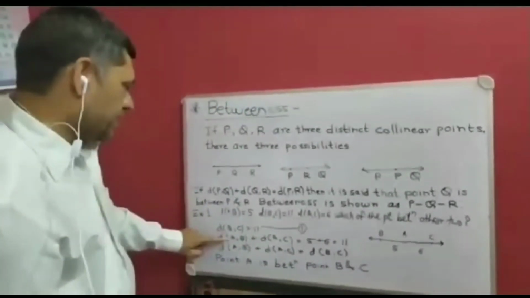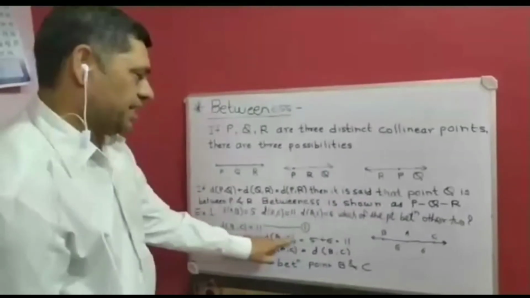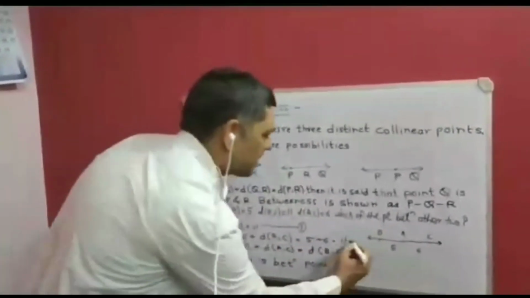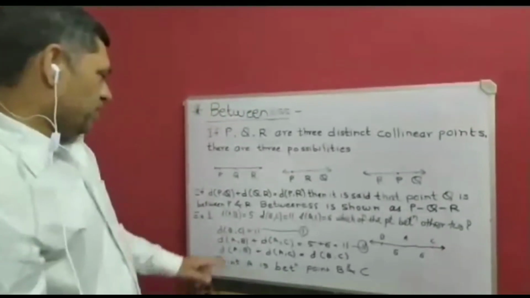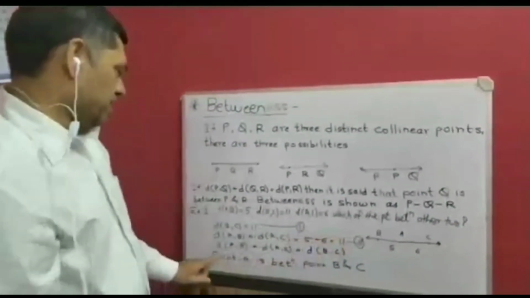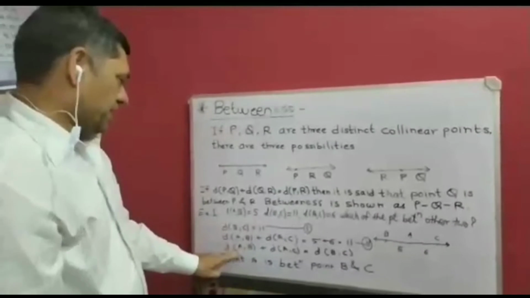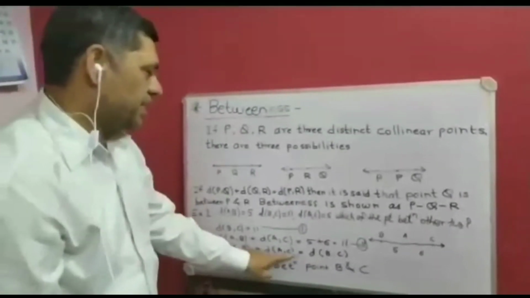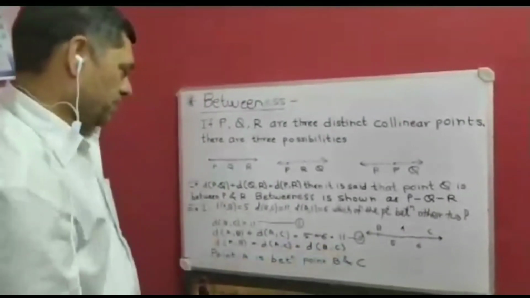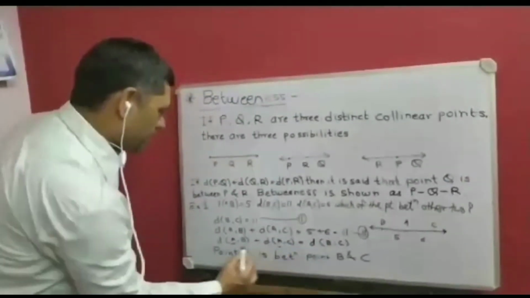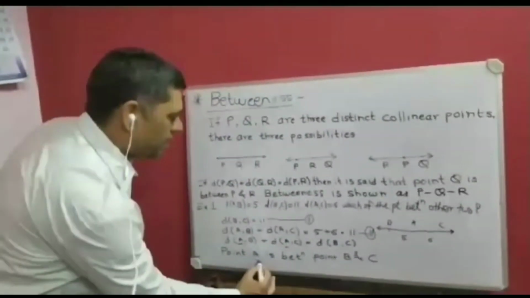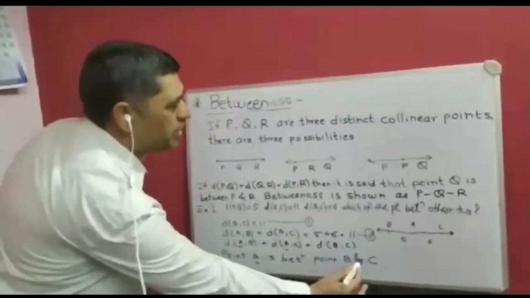Now next, distance AB plus distance AC is equal to 5 plus 6, that is 11. This is the second condition. So from the first and second, we get distance AB plus distance AC is equal to distance BC. So here A is common, therefore point A is between point B and C.